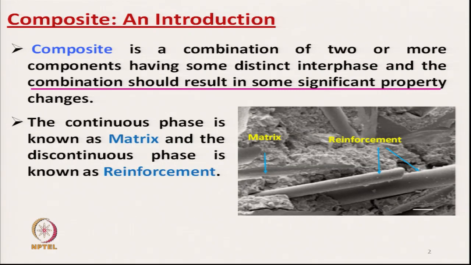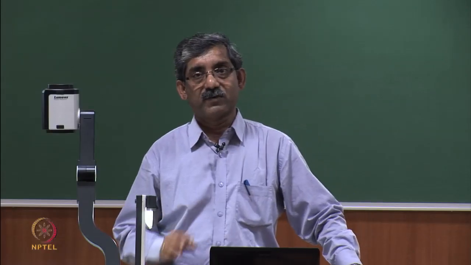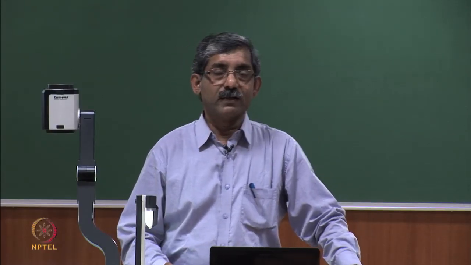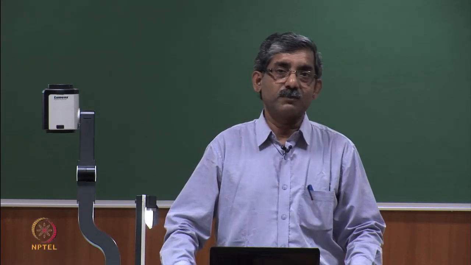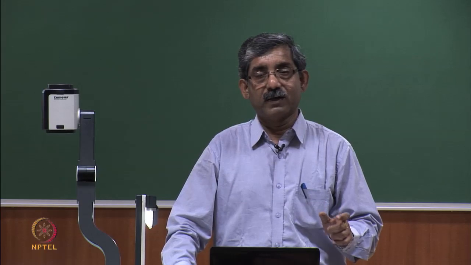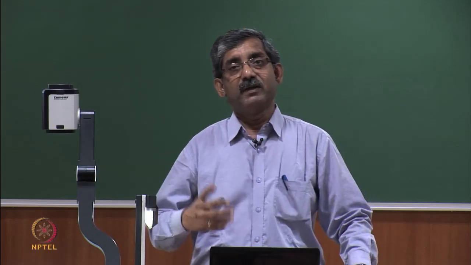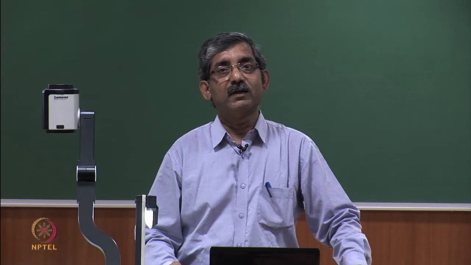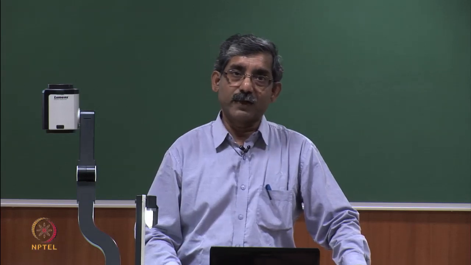So, the continuous phase is known as matrix and the discontinuous phase is known as reinforcement. In our case, we will discuss the reinforcement material, mainly the fiber. So, fibrous material like filament, staple fiber in loose form, maybe in yarn form or in the form of fabric.